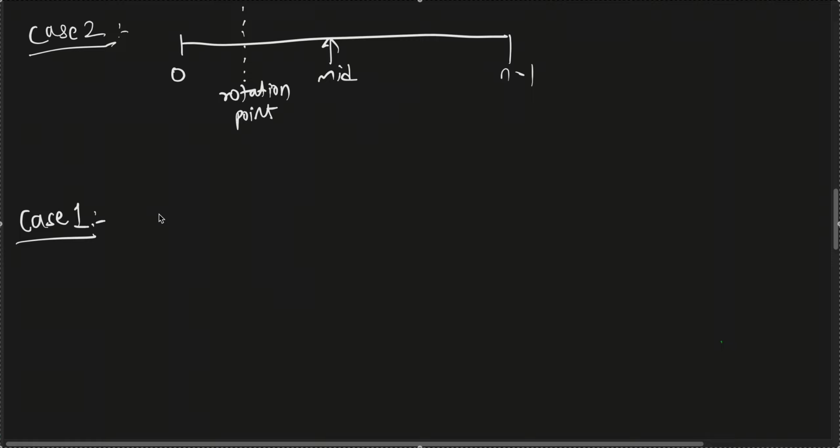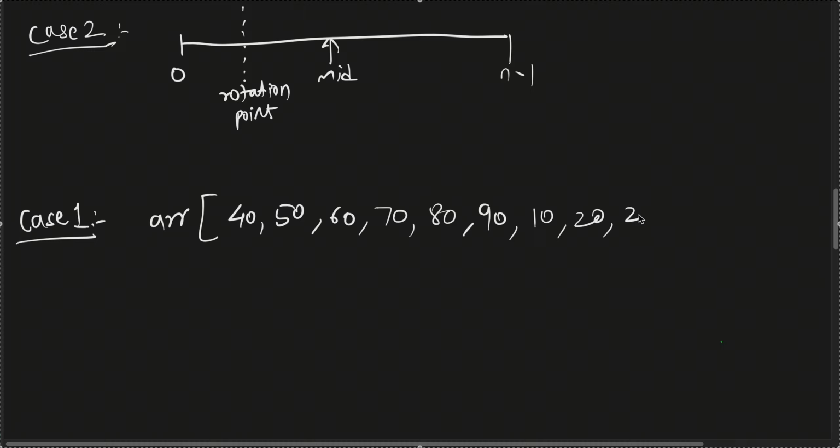In case 1, let's check our original array that was given to us, which was 40, 50, 60, 70, 80, 90, 10, 20 and 25. This was the array given. Let me do some indexing as well: 0, 1, 2, 3, 4, 5, 6, 7, 8.